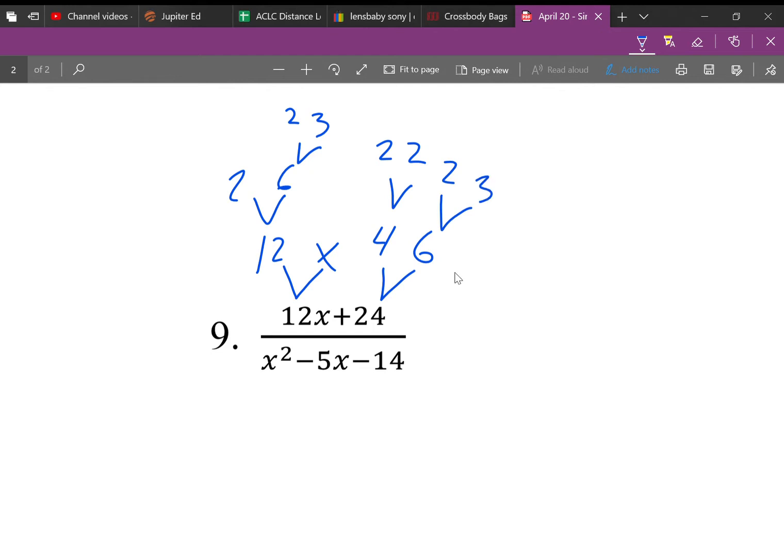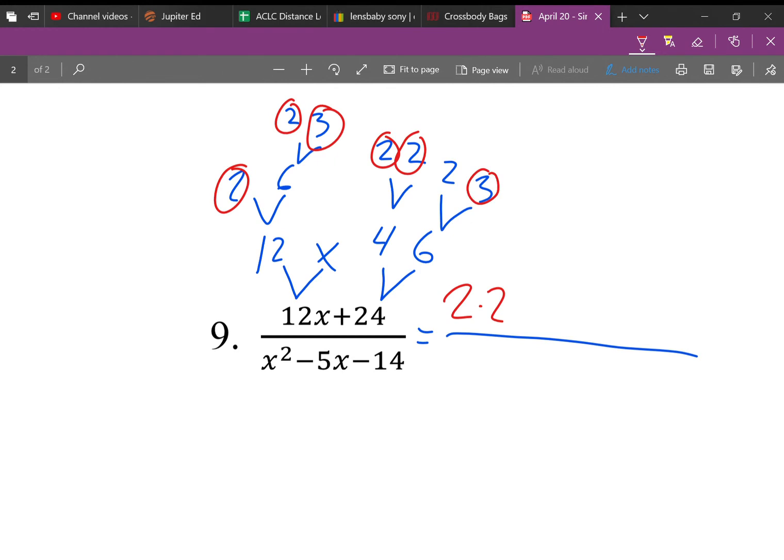So now what am I going to do? I'm going to look for what's common. And what do I see is common? Well, I see a 2 that matches. I see another 2 that matches. And I see a 3 that matches.